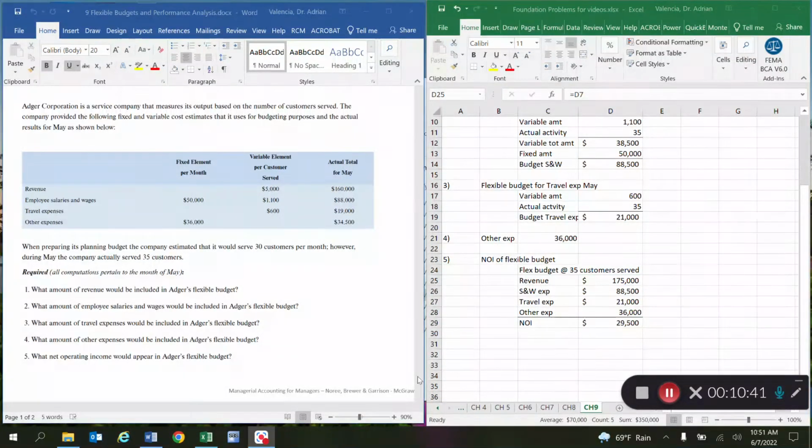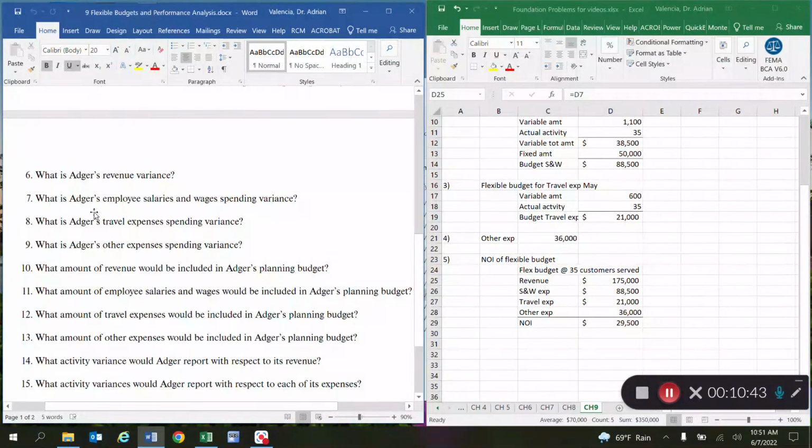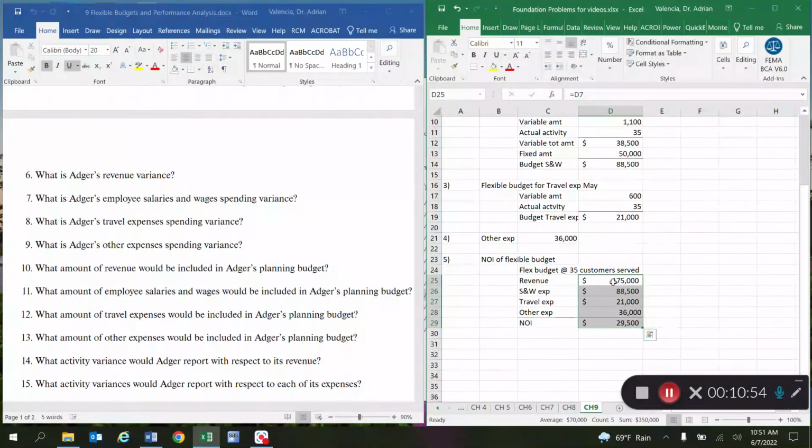So then the next questions are going to ask us about the revenue variance, the salaries and wages variance. In other words, the variances between these budgeted amounts of 35 customers and actual results. So I'm going to do that next to this here. So this is going to be 6. I'm going to call this variances.